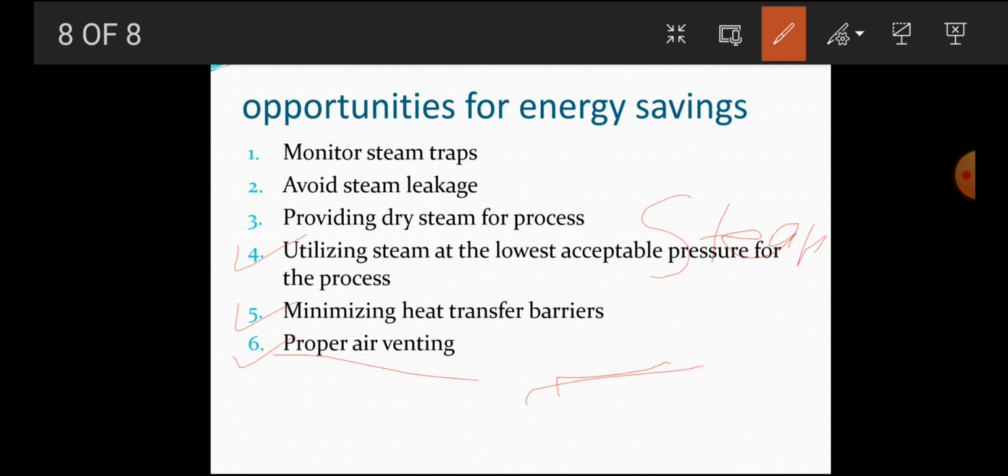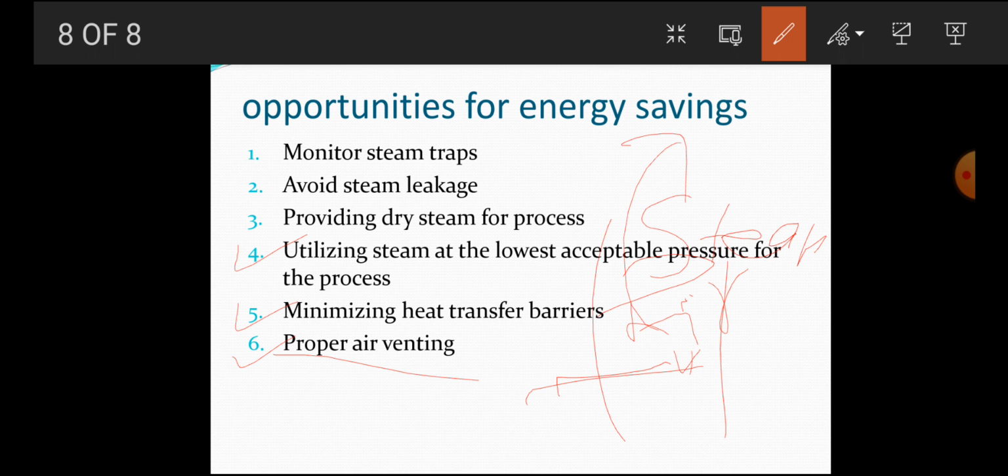Although the proportions of these gases are normally very small compared to the steam, when the steam condenses, these gases will accumulate in the pipe and heat exchanger. So precautions should be taken to discharge them before starting the process.